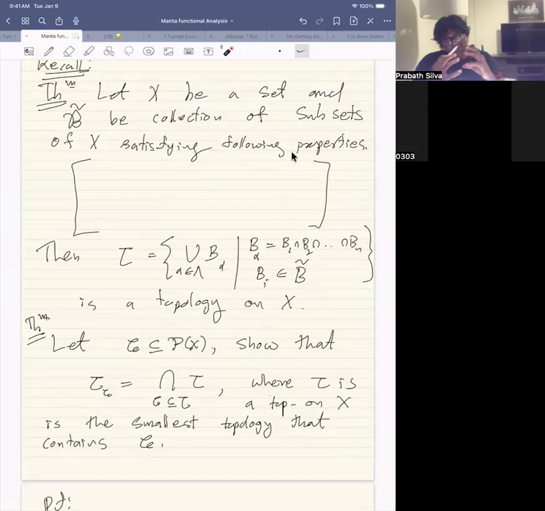Okay, so in order for this process to create the topological space, we might need some additional properties.